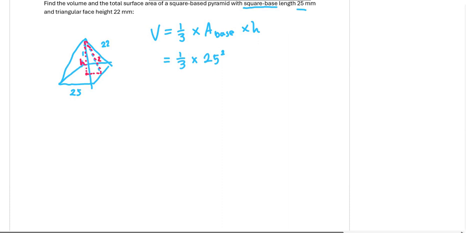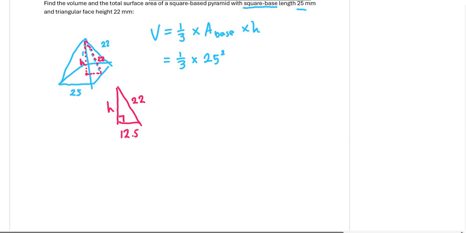And we know this bit here is 22, and I'm gonna draw this triangle over here. So just imagine this is the same triangle, 22. And the bottom length here is also just half of this length. So half of 25 is 12.5.